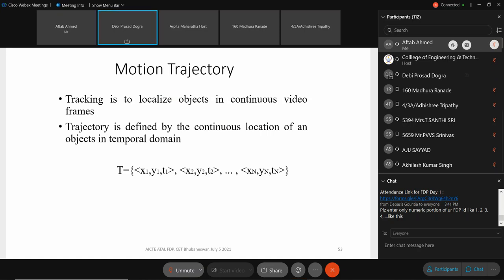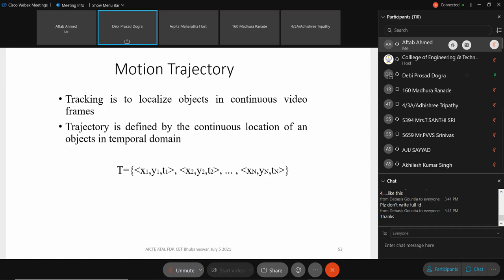Let's go to the basics of motion trajectory, because all the research work I'll show from now onwards depends mainly on trajectories of objects. A trajectory is nothing but a path. We apply tracking to localize the objects in continuous video frames and get the trajectories. These are easily defined by X, Y, and T, as a sequence: x1, y1, t1, x2, y2, t2, up to xn, yn, tn.